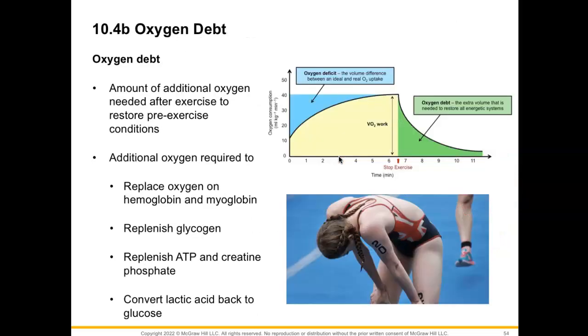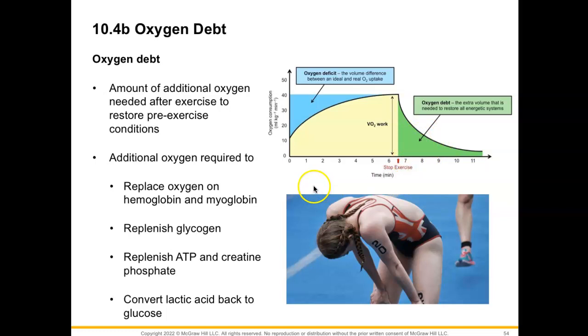Now, as a result of exercising, you might accumulate some oxygen debt. This is going to be the amount of additional oxygen that's going to be needed after exercise to start to restore your pre-exercise conditions. So once you stop exercising and you're still kind of huffing and puffing, your body is trying to restore that oxygen, to breathe in that additional oxygen.